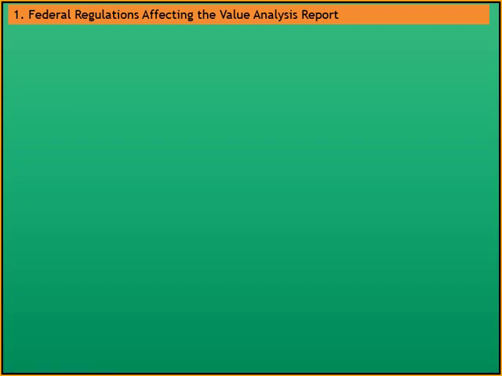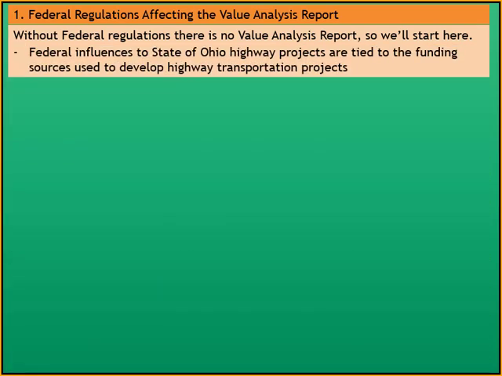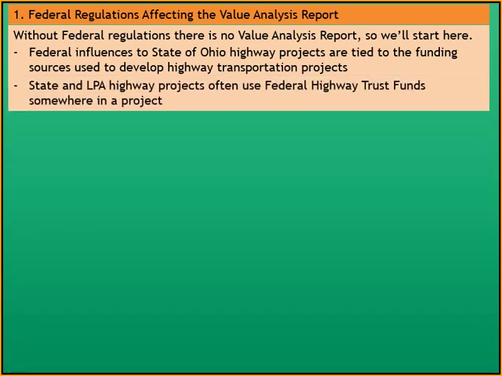All right, let's start with the federal regulations affecting the value analysis. Without federal regulations, there is no value analysis report, so we're going to start here. Federal influences to the state of Ohio highway projects are tied to the funding sources used to develop highway transportation projects.